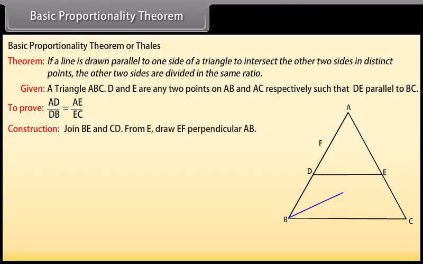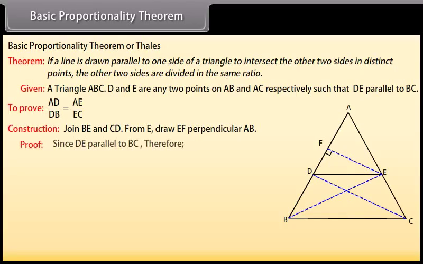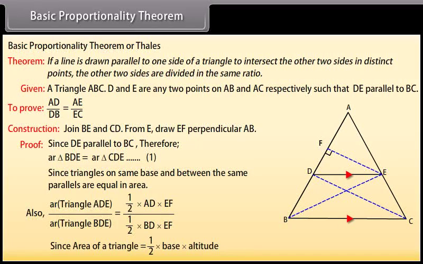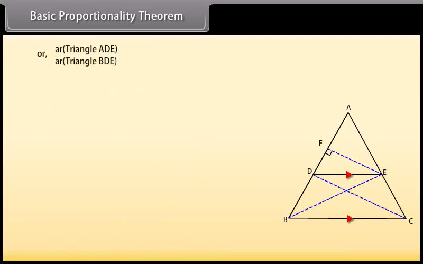Construction. Join BE and CD. From E, draw EF perpendicular to AB. Proof. Since DE is parallel to BC, the area of triangle BDE equals the area of triangle CDE. Mark it as 1. Since triangles on the same base and between the same parallels are equal in area, and since the area of a triangle is equal to 1 by 2 into base into altitude, the area of triangle ADE upon the area of triangle BDE is equal to AD upon BD.